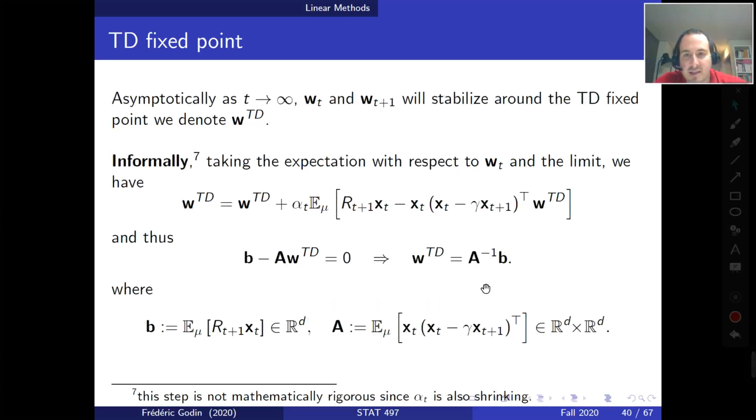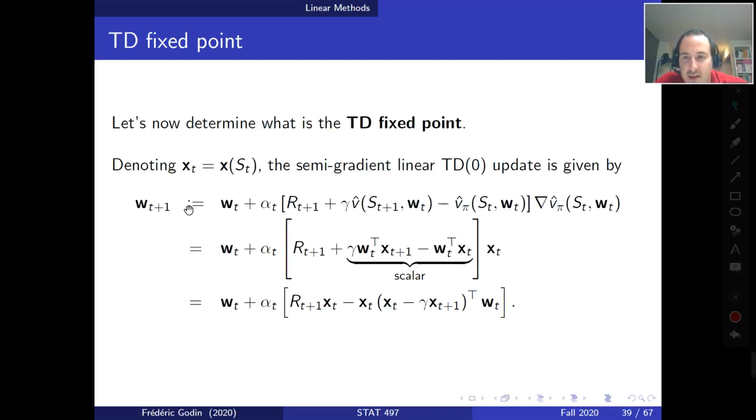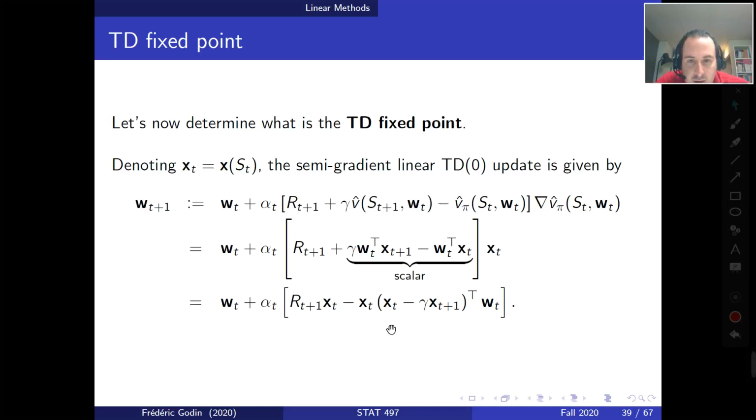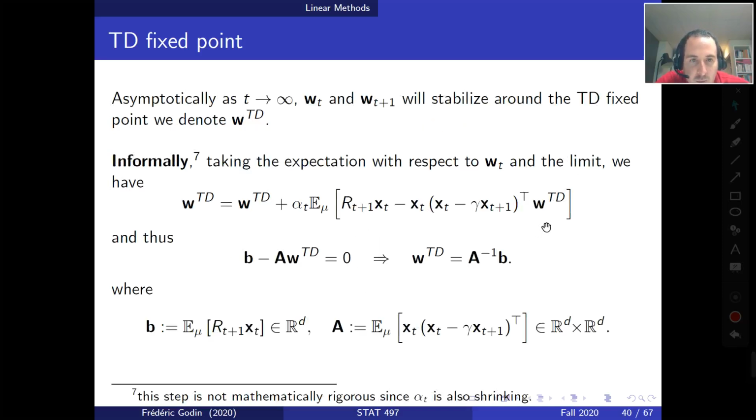So here, asymptotically, if we take this equation and replace the W's by the TD fixed point, we have that the TD fixed point should be equal to the TD fixed point plus the learning rate times this term here, where the W is replaced by the W TD, so the TD fixed point.